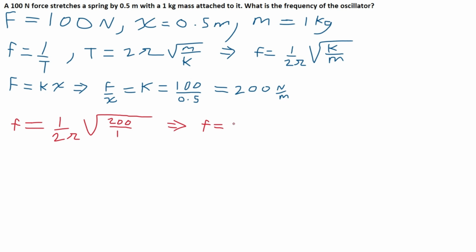This gives us our answer that the frequency of the oscillator is equal to 2.25 hertz.